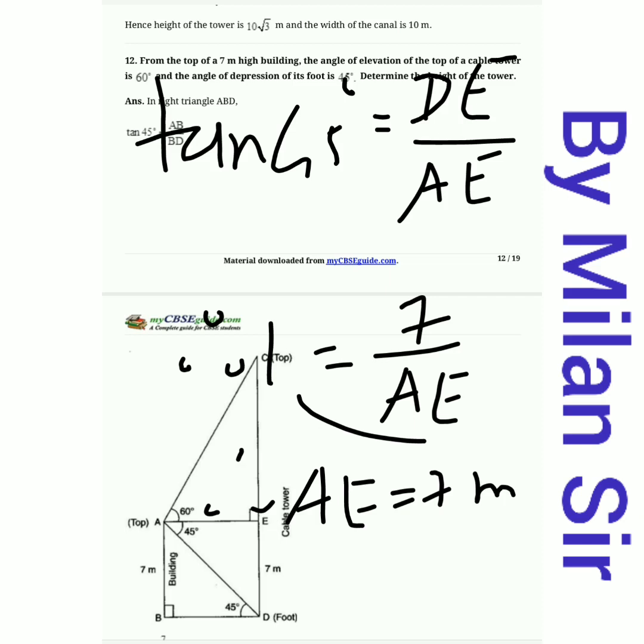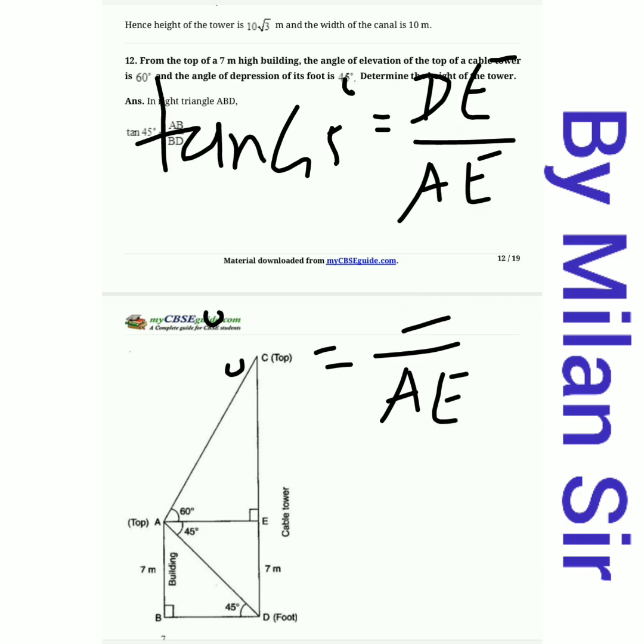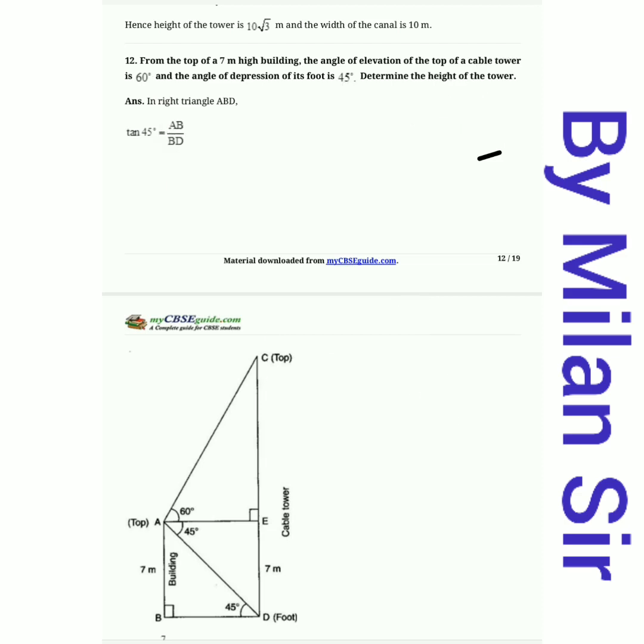Now use the second triangle. Second triangle is ACE. But right now we know AE is equal to 7. Now we use the triangle ACE. Right? Here again we need to find the opposite side, which is X, and we have the adjacent side. So here we have a relation between opposite side and adjacent side.